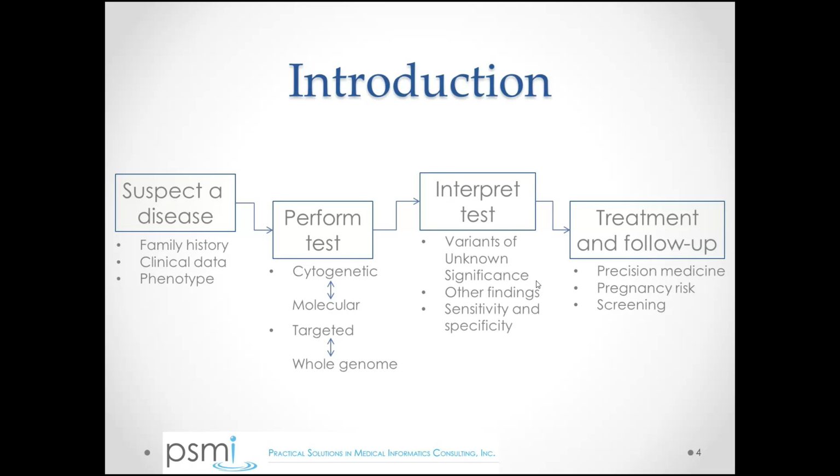So honing in on which of those variants might actually be the causative variant has been the subject of quite a bit of study, and guidelines have been written about it. But managing all of these other variants of unknown significance is a big consideration when you're dealing with particularly things like whole genome testing. Other findings crop up, for instance, if you're doing whole genome testing, because you may have ordered a test to look for X, but you may have discovered a mutation that is highly correlated with a particular disease phenotype.